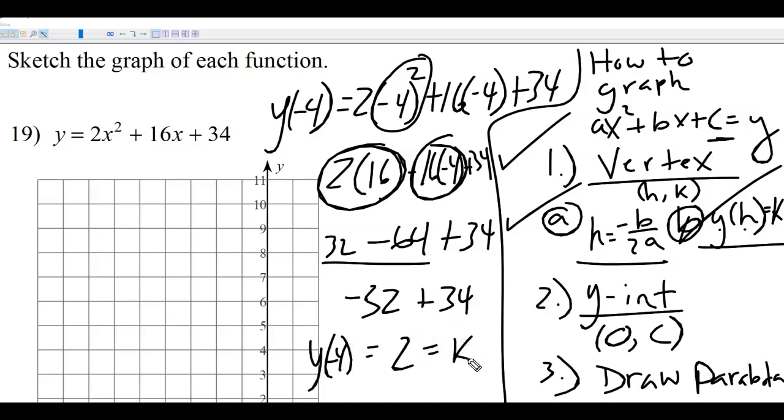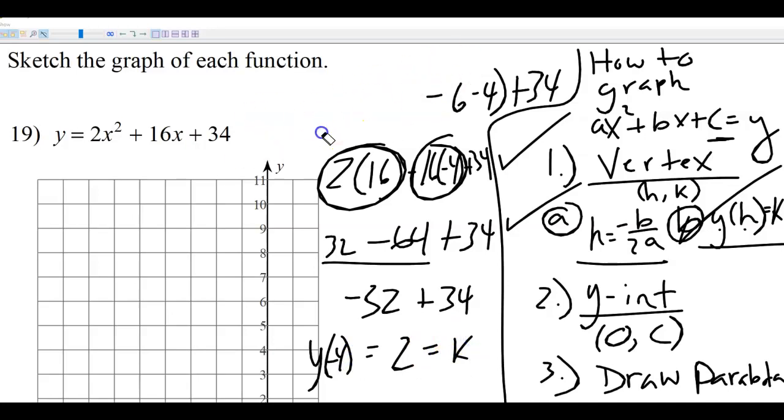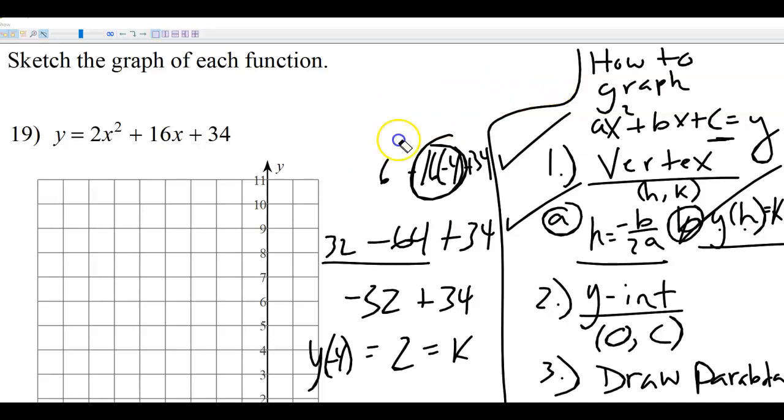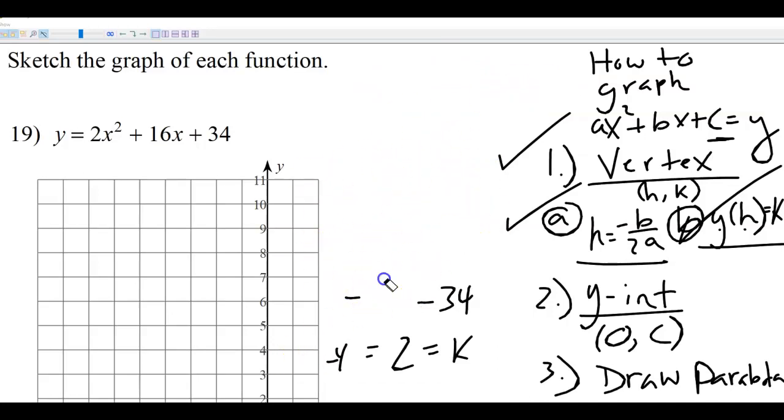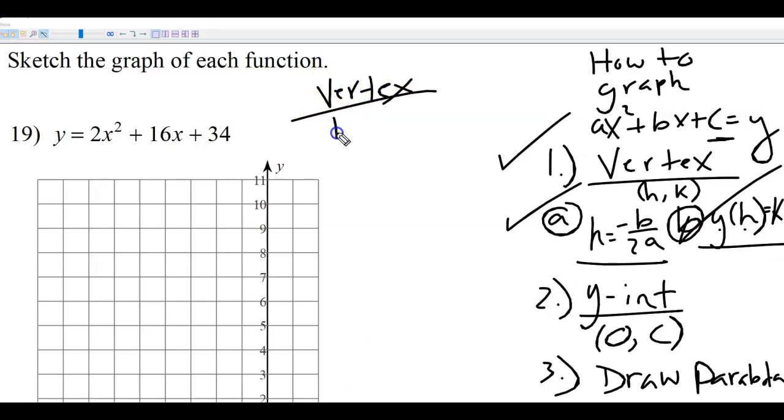Okay, so now I know what my vertex is. My vertex is (h, k), right? So my vertex is (h, k). And I just found out that my h is -4 and my k was 2.